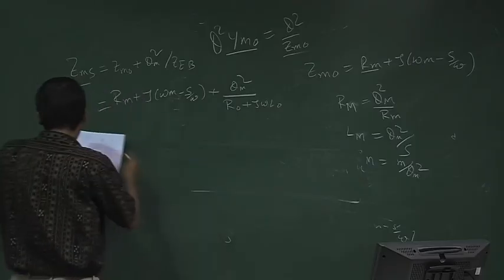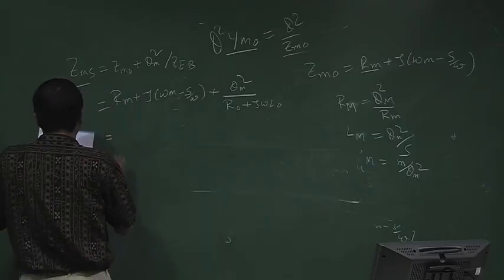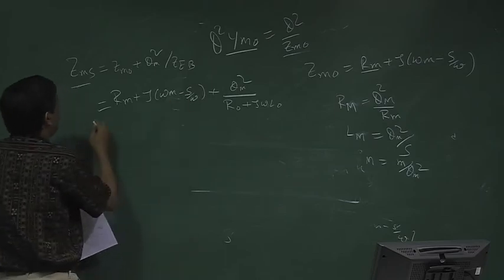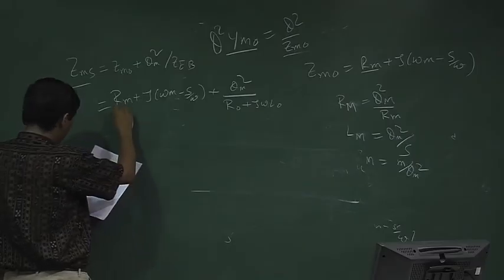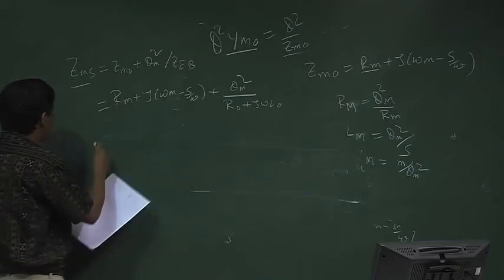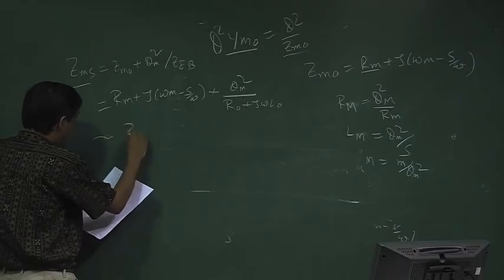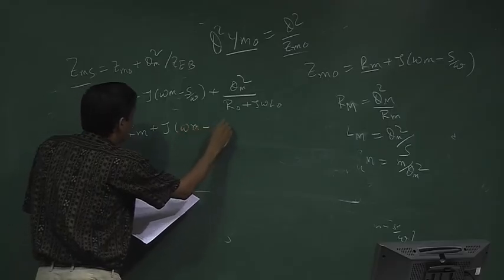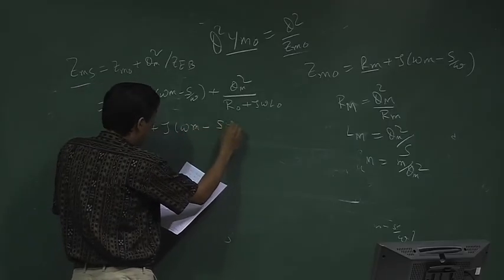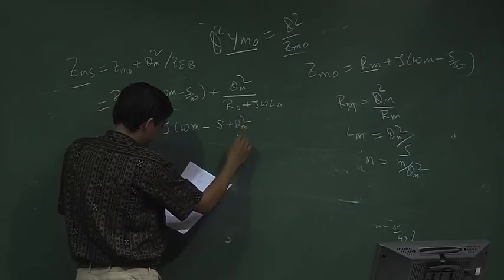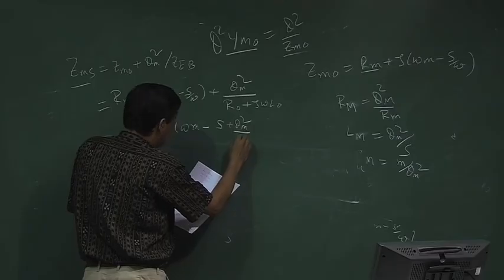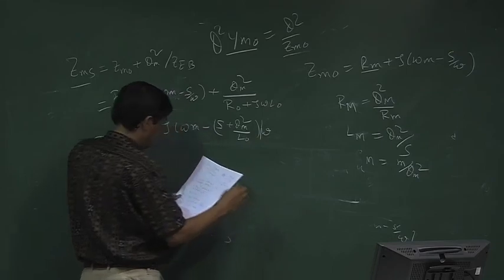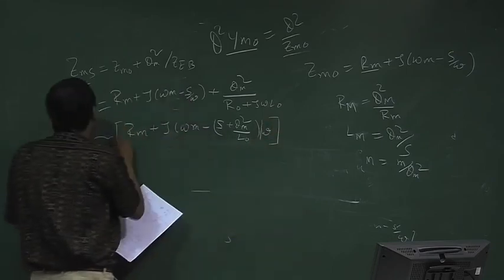I will get ZMS equal to Rm plus j omega m minus s by omega plus phi m square divided by R0 plus j omega L0. This will come.